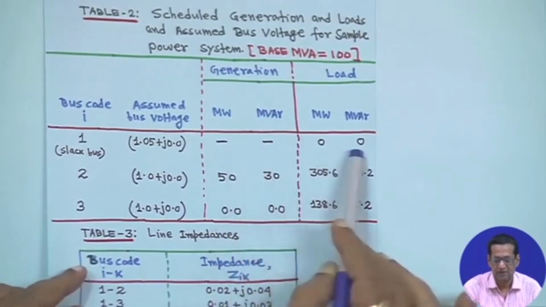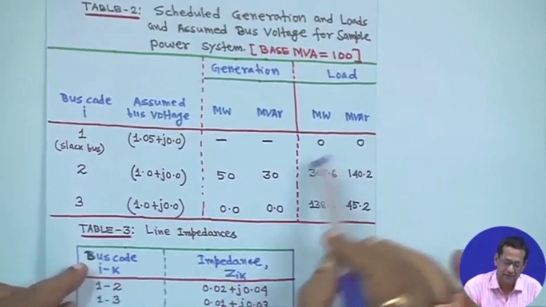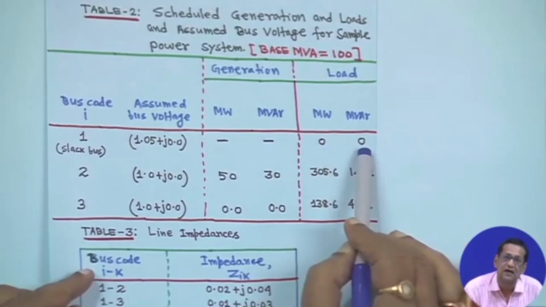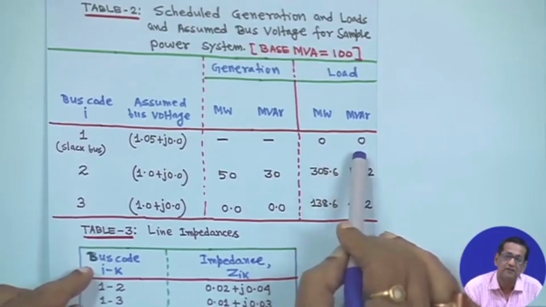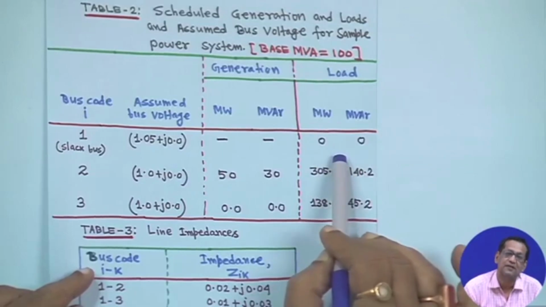Bus 1 is the slack bus, so no generation and no load should be there. By chance if some load is there at the slack bus, that is actually a dummy load, and you do not need anything during the iterative process.